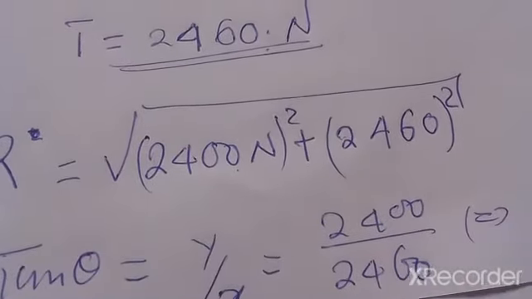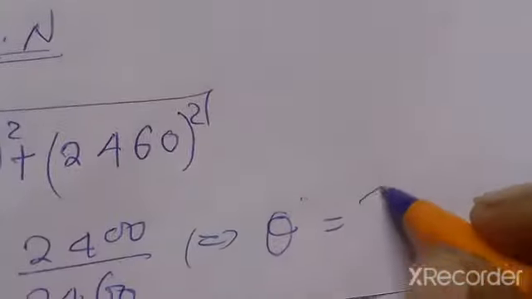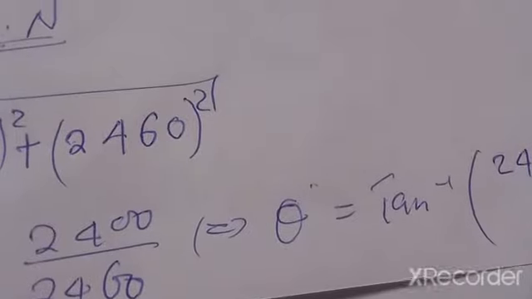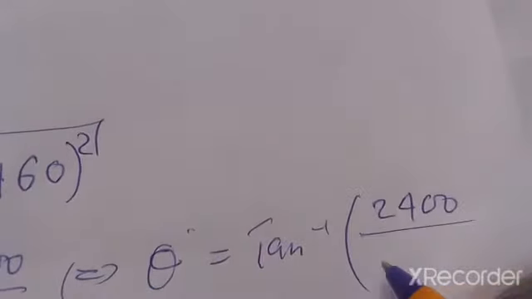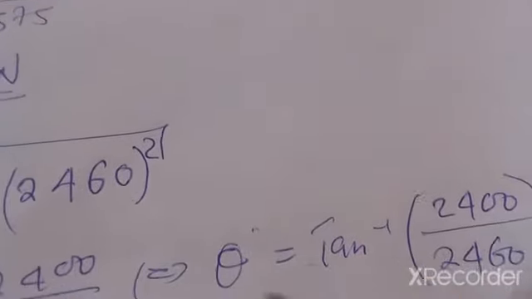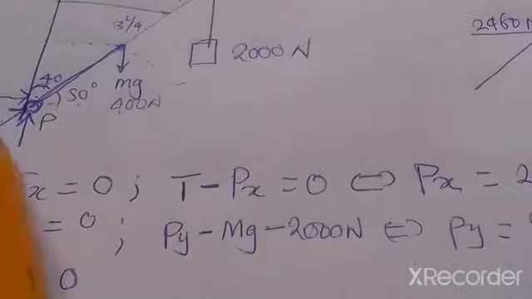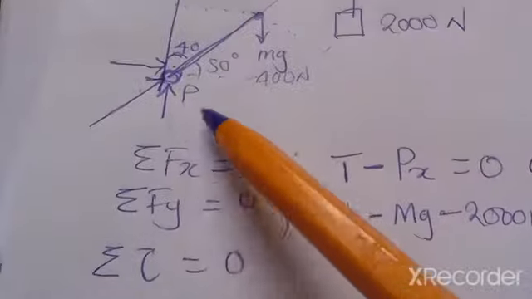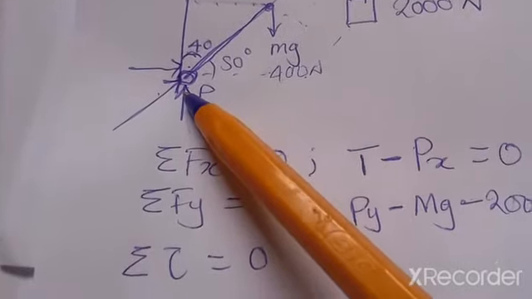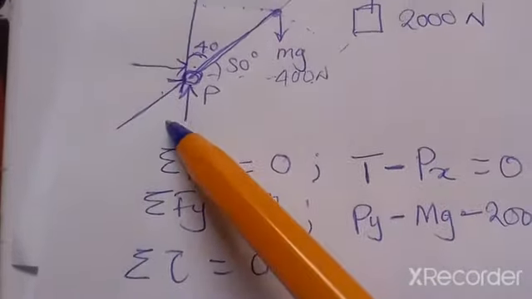So that means you have theta being equal to tan inverse of 2400 divided by 2460, and the value you're going to find is the angle at which this force is acting. Okay, the forces exerted on the boom by the pin at P. That's what you have there.